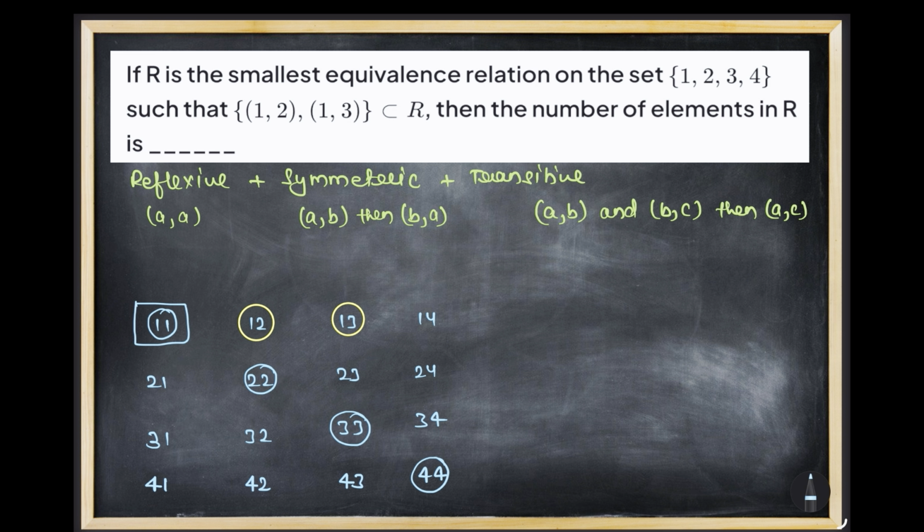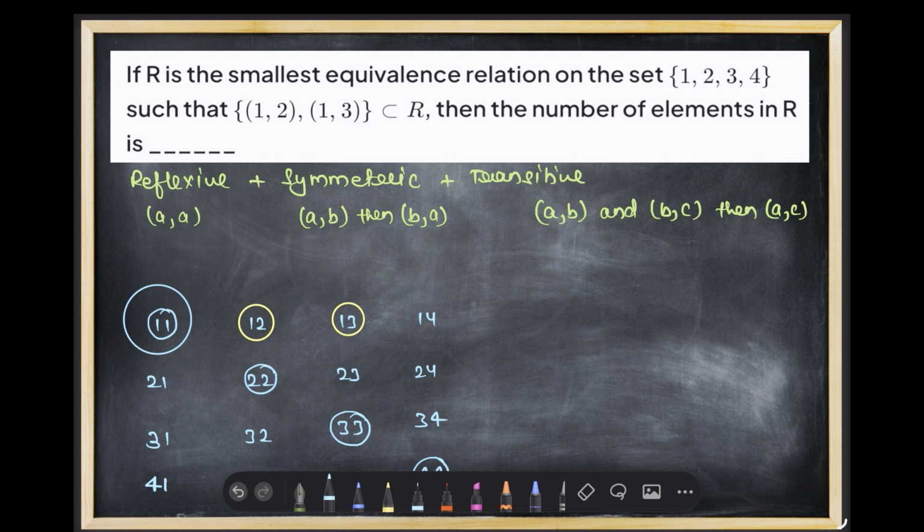Now look at this element. This is 1 comma 1. If 1 comma 1 is there, you should find 1 comma 1. So 1 comma 1 is already there, so it is okay. Now look here. Here is 1 comma 2.